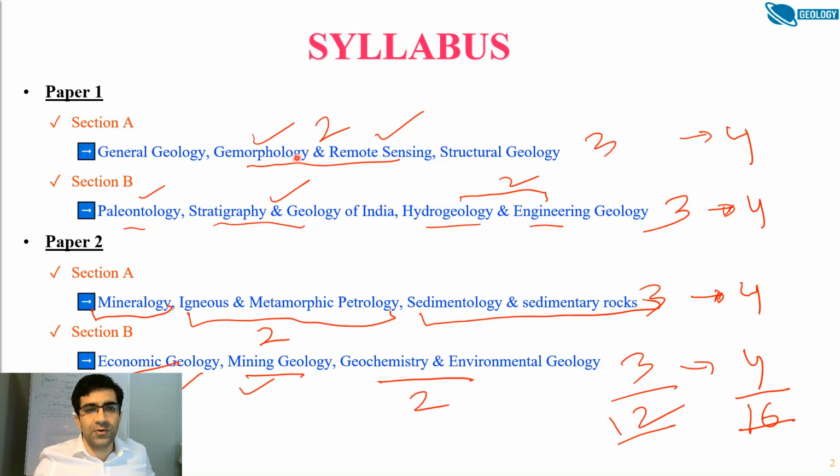So for example, in each question that you'll see, you will have a question from each of these subjects. For example, in the section A paper, except for the compulsory question, you can expect that each question will have one question from mineralogy, one question from igneous and metamorphic petrology combined, and then one question from sedimentology.